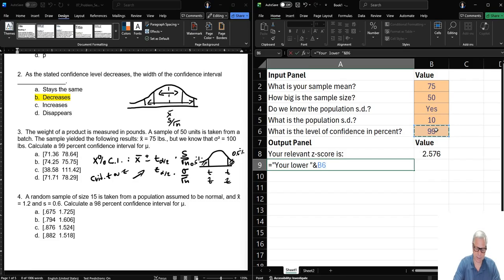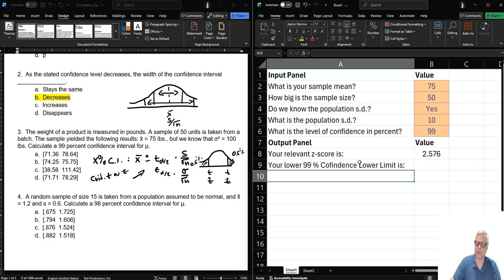And then we add again text. So we need to add again the and sign, quotation marks, space, and then we can say lower or 99, maybe we say percent confidence lower limit is. I don't know if that's a good sentence, but I think we get the point.